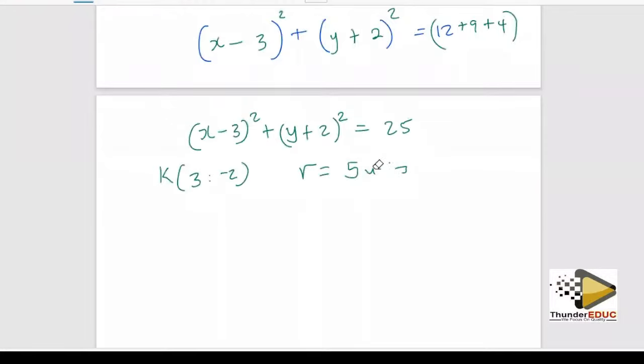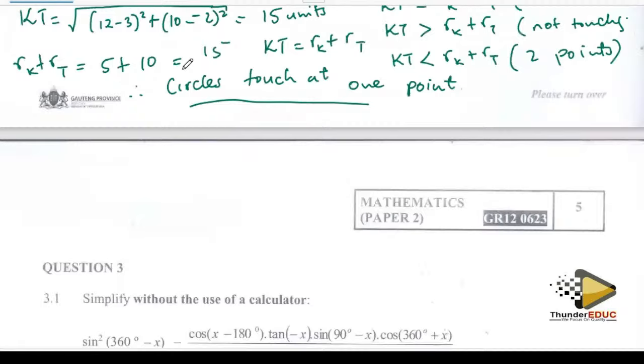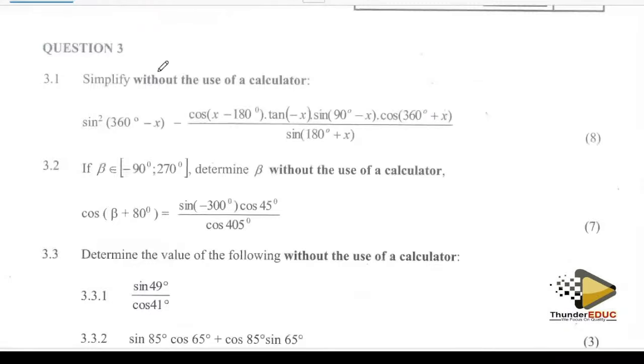I'm going to just erase this. Question number 3, they're telling us that we need to simplify without using any calculator.